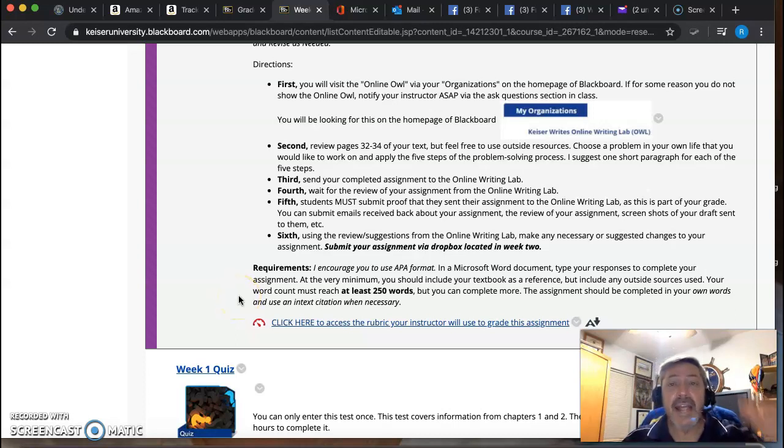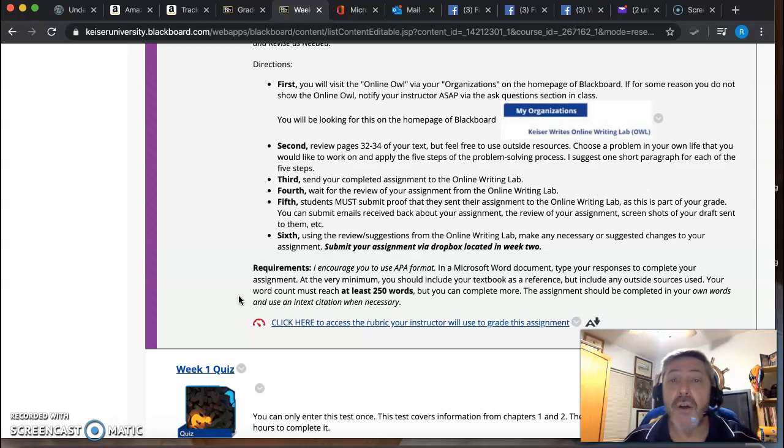For this, you will need a formal APA document. You'll need a separate title page. I do not need an abstract. Your in-text citations should be within the body of your paper, and then a separate reference page.